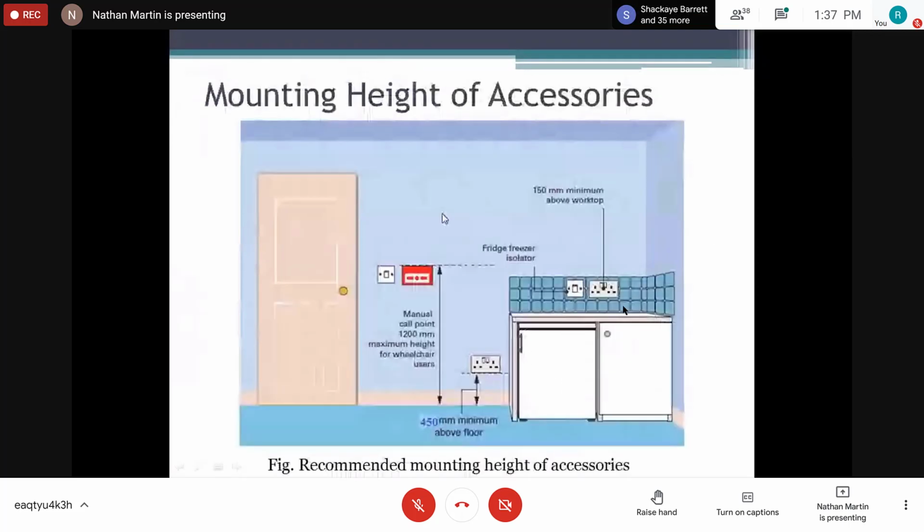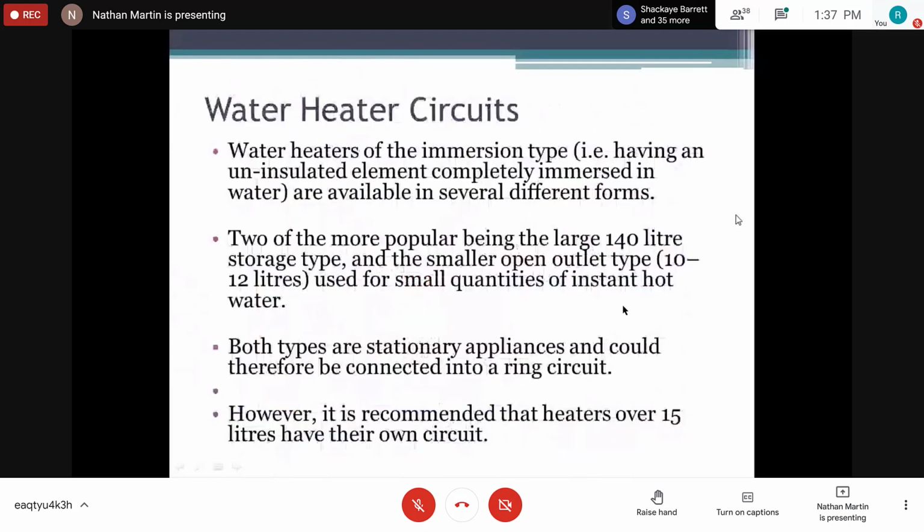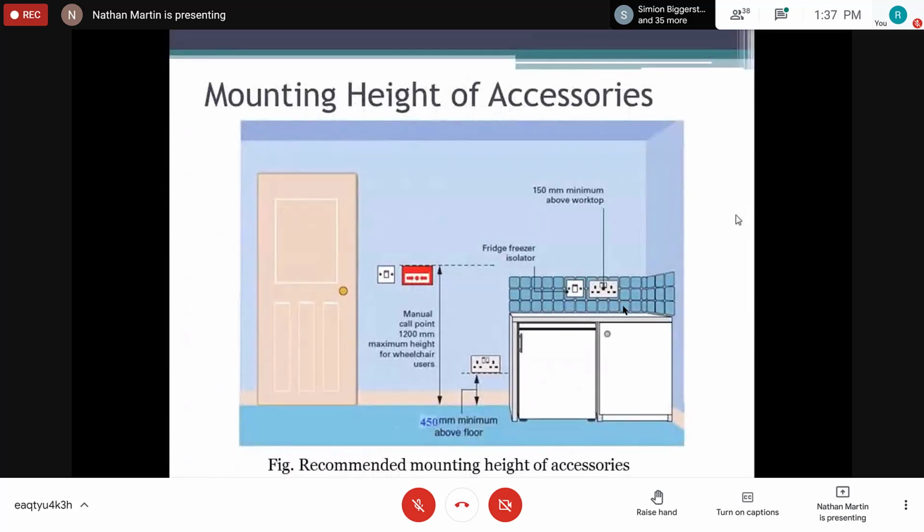All right, the mounting height of all of this that we talk about. We talk about all this connection of power circuits and lighting circuits, but how do we mount them and how do we determine that these are actually mounted in the right positions? For the maximum height of your switches, we're talking about 4 feet 6 inches or 1200 millimeters.